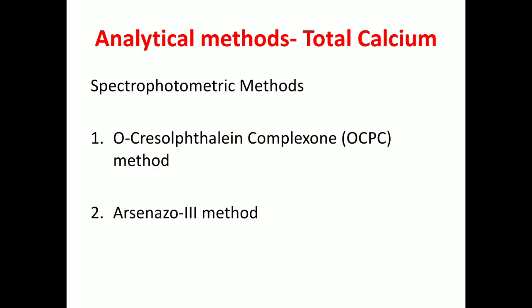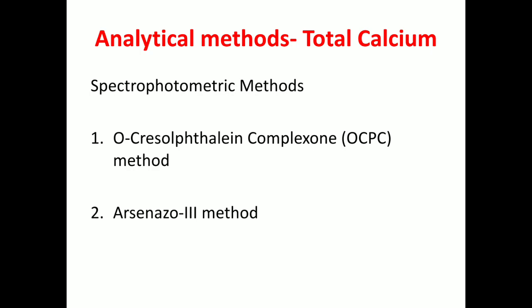In our central lab also, we can measure the total calcium by semi-auto analyzer or auto analyzer by spectrophotometric methods. The two major spectrophotometric methods used to measure total calcium are the orthocresolphthalein complexone, or in short OCPC method, and the second one is the Arsenazo 3 method. Both are very common.